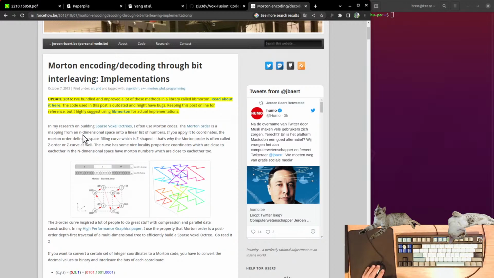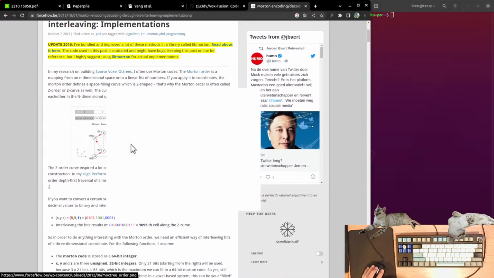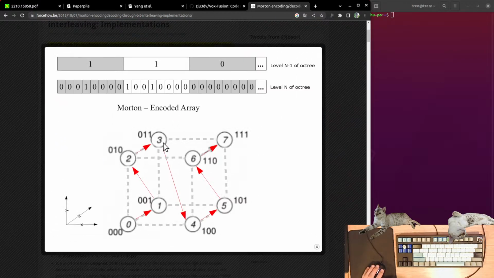A Morton order is a mapping of n-dimensional space into a linear list of numbers. If you apply it to coordinates, the Morton order defines a space-filling curve which is z-shaped. Z-order or z-curve. Okay, so I guess here you have a picture of a cube, which could represent a voxel, and how do you encode this in an efficient way?